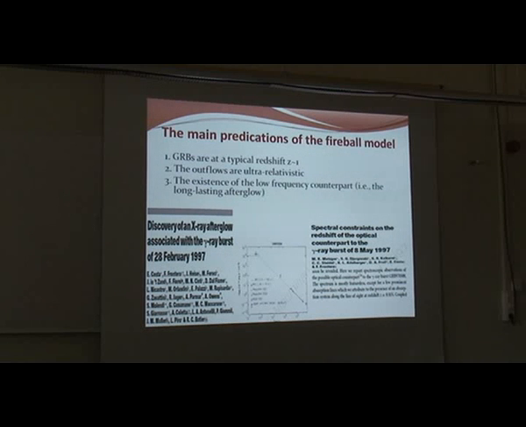The fireball model has quite a few really important predictions. First, GRBs are cosmological. Second, the outflows are ultra-relativistic, so there should be low-frequency counterparts. On February 28, 1997, Beppo-SAX located a burst.